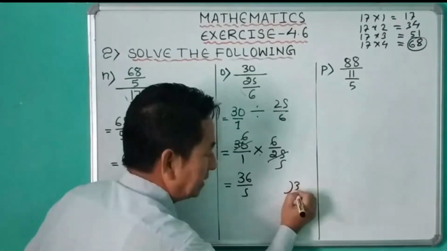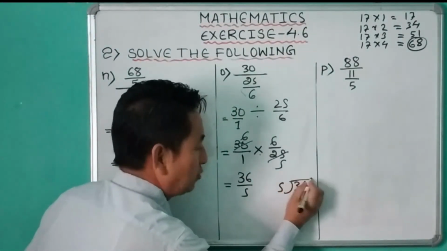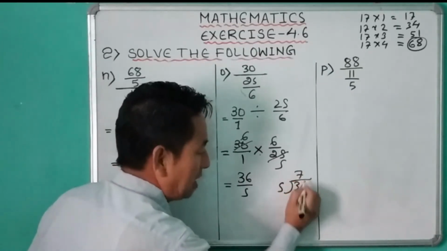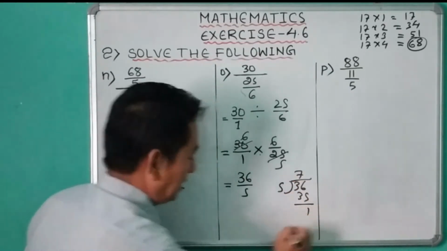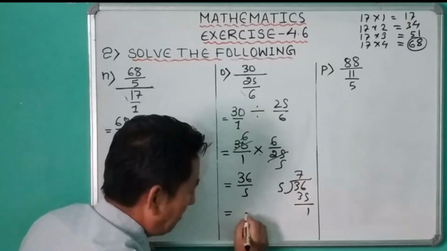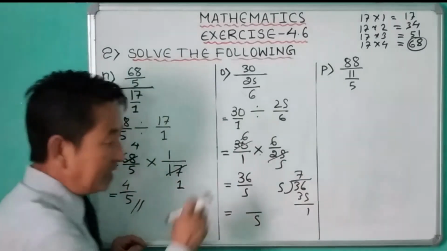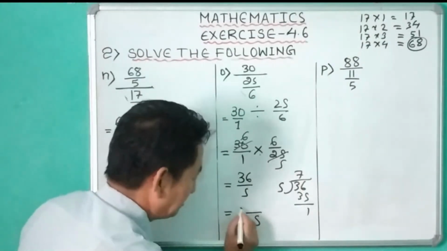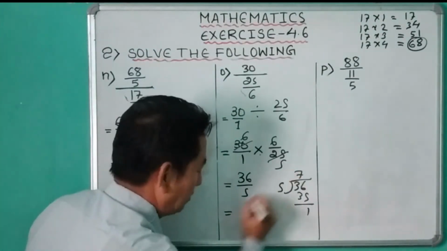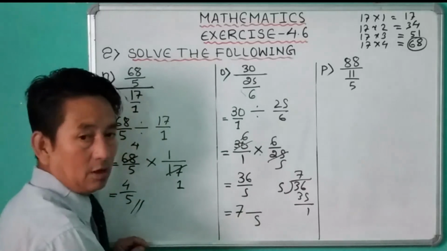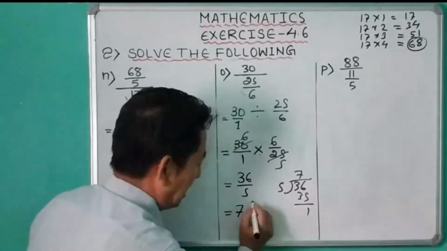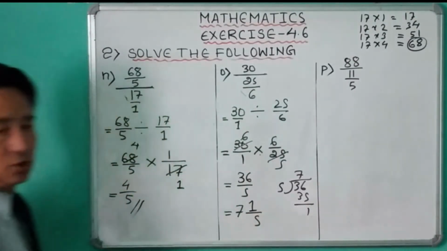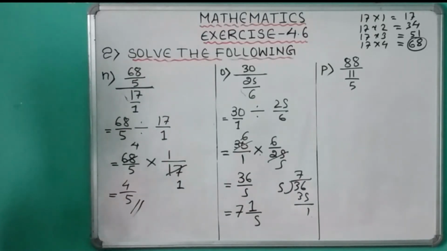Your numerator is divided by denominator. 5 7s are 35. Now 1 left. Now denominator 5 will remain same. How many times 36 is divided by 5? 7 times. This 7 will be the whole number, and remainder will be the numerator. So 7 into 1 by 5.